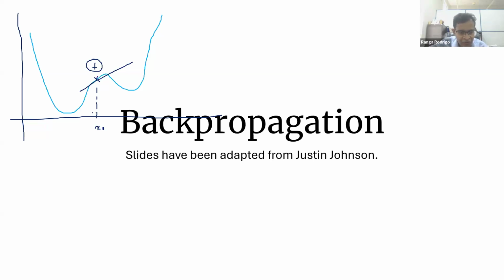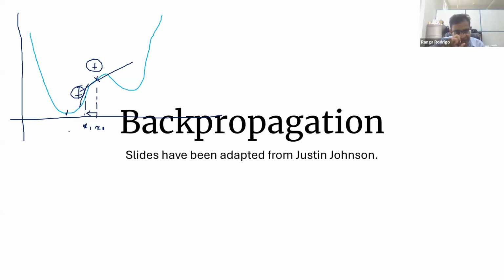Then we move in the opposite direction of the gradient, that means in the negative direction, and find a new point, x1. There also we estimate the gradient, and if it is positive we move in the negative direction, and so on. That is gradient descent, up until there is no motion. You can apply rules to terminate the gradient descent.